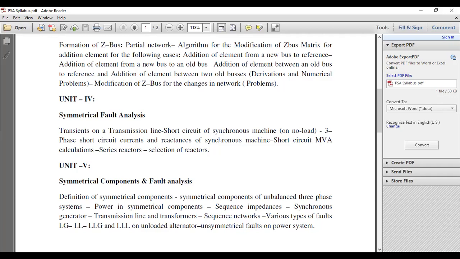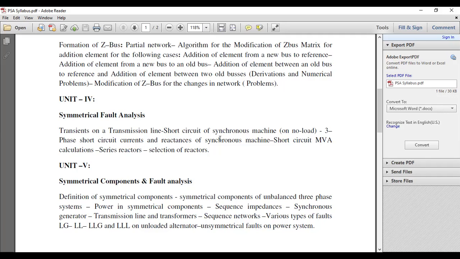Most of the time your system may be affected by a line to ground fault. Those are commonly occurring faults. So please try to understand the clear-cut difference between rarely occurring and commonly occurring. The probability of occurrence is 70% for line to ground, and a 5% chance for three-phase faults. That is the important point you need to remember.